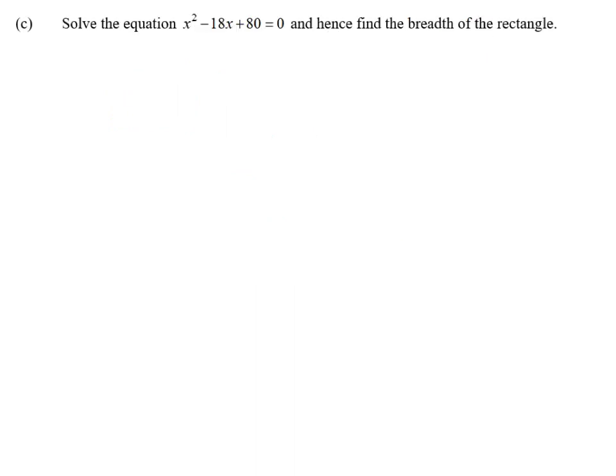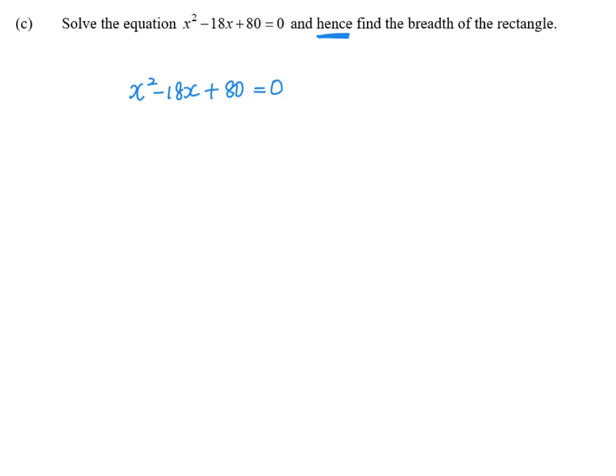Part C, now they ask us to solve this equation and hence find the breadth of the rectangle. So I want to solve the equation x squared minus 18x plus 80 equals 0. I can either choose to do factorization or quadratic formula. Since they didn't tell us, let's check using our calculator.